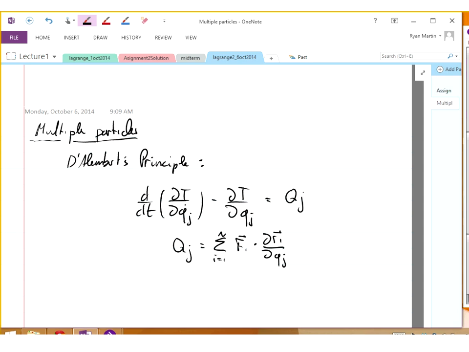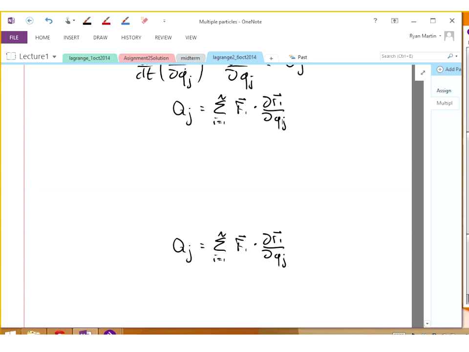So it's exactly the same math, except you now change what the index I means if you want to do this for multiple particles instead of multiple forces on one particle. Then you get, again, Lagrange's equation of motion, where T is the sum of the kinetic energies of all the particles, and V is the sum of the potential energies of all the particles. And we just generally call that the kinetic energy of the system and the potential energy of the system.